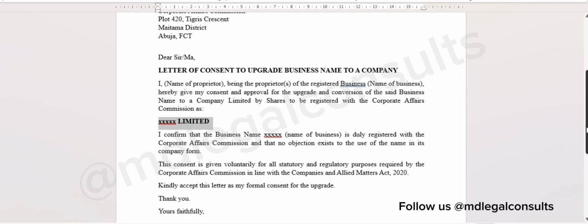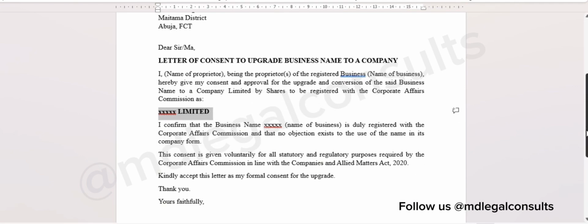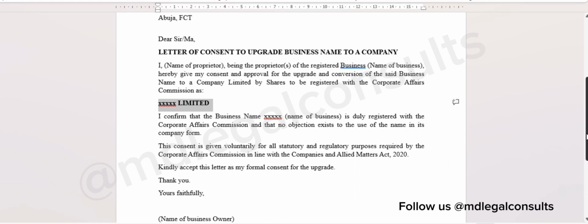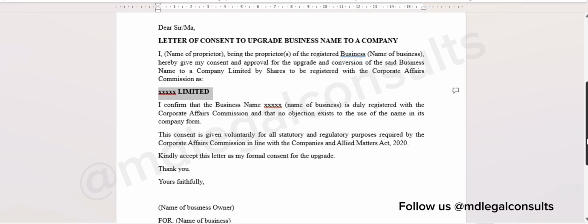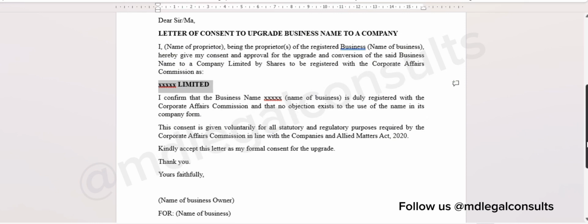It's a very simple letter and straightforward, just to communicate your intention to upgrade and then applying for the consent for CAC to accept that conversion from business name to a limited liability company, and just to express the intention of you as a proprietor or the partners of that business to upgrade their business name to a limited liability company.